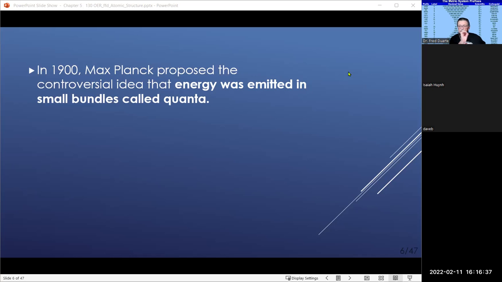He proposed a very controversial idea at the time. He proposed that energy was emitted in small bundles, which he called quanta. So these bundles of energy were emitted. 1900. I remember we got J.J. Thomson.